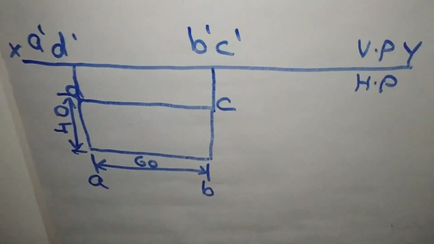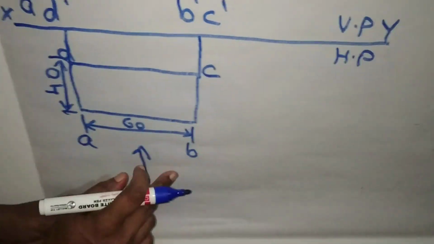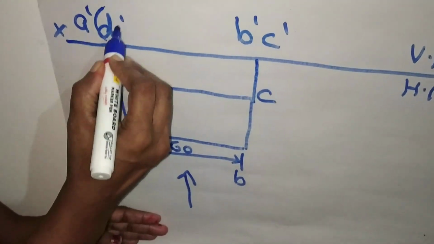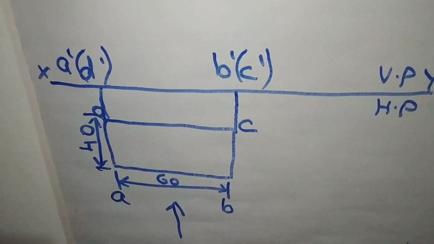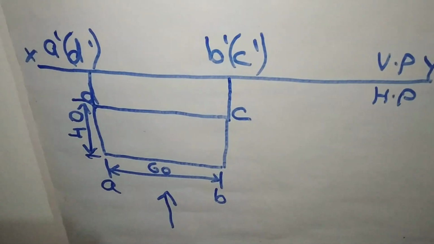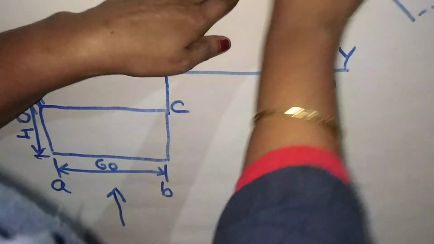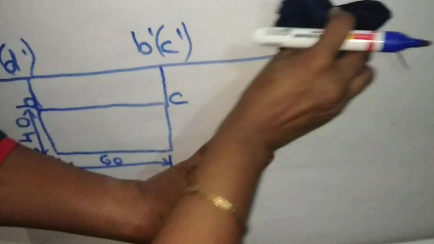Now this is the view. When I look from here, A is visible, B is visible, but D and C are not visible, so I'll put D and C in brackets. Now this part is not required, so I'll just drop it. Fine. This also I'd like to extend.